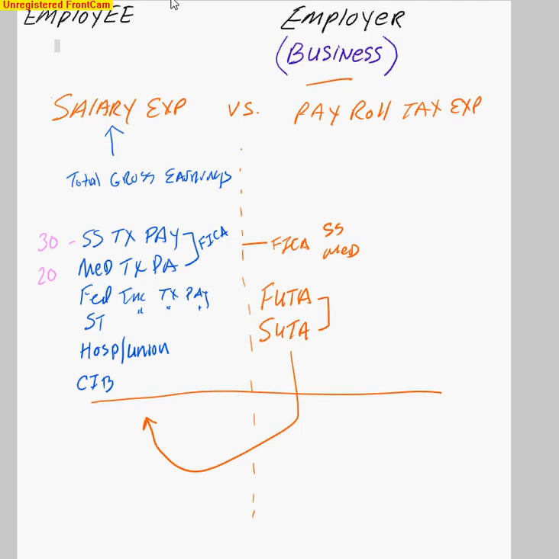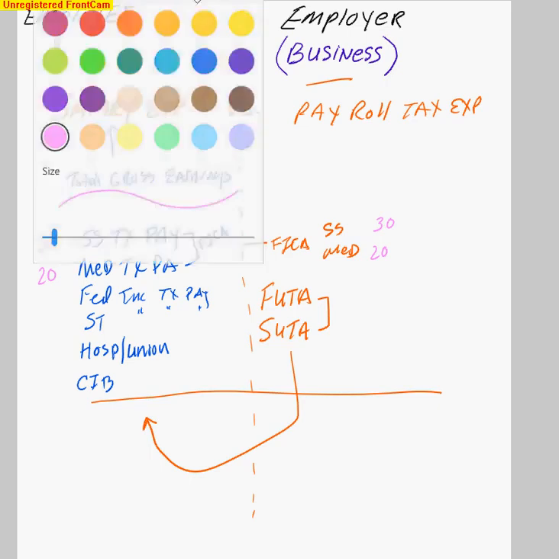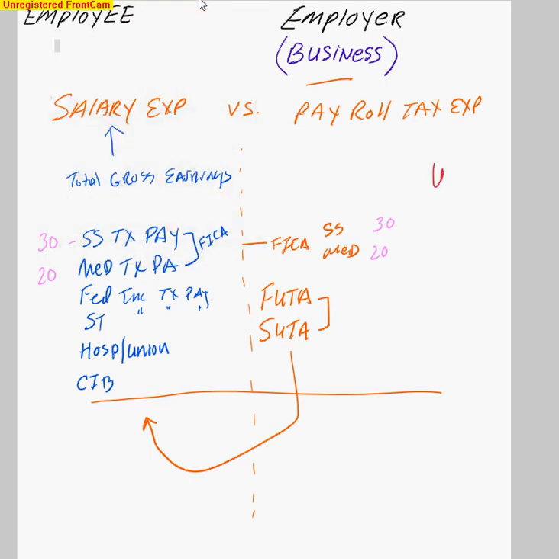Well, the employer is also going to be paying $30 in Social Security and $20 in Medicare tax. So how much does Uncle Sam get? Well, Uncle Sam's coming home with, well, let's see, 30-30, 60, 20-20, 40. That's how much is going into the Treasury, $100.